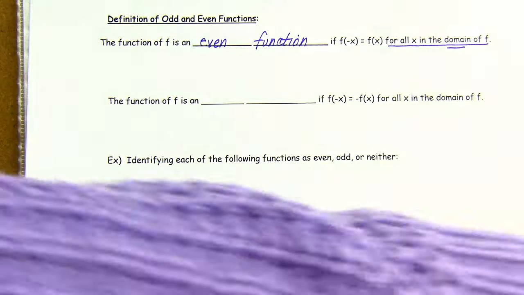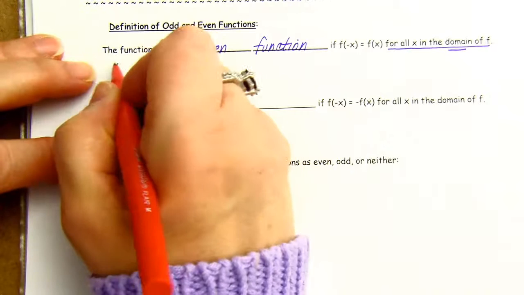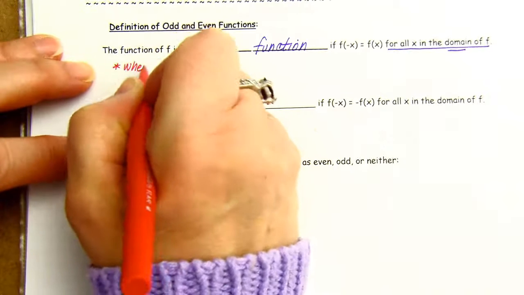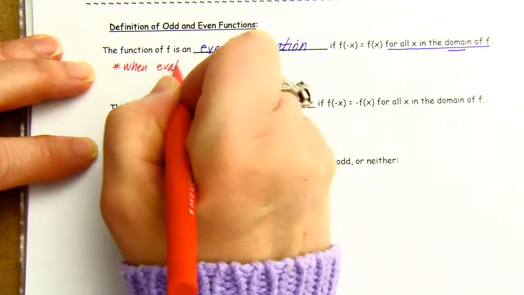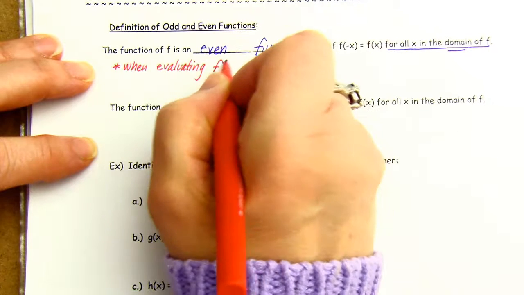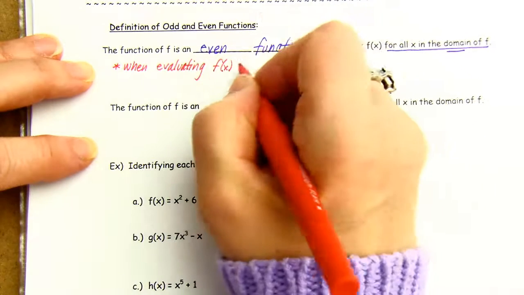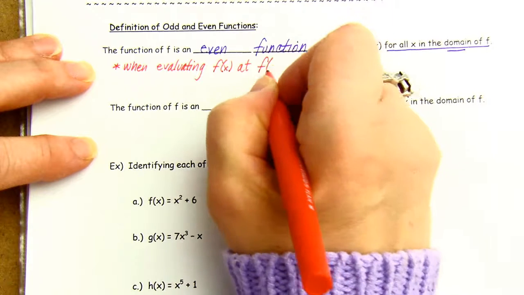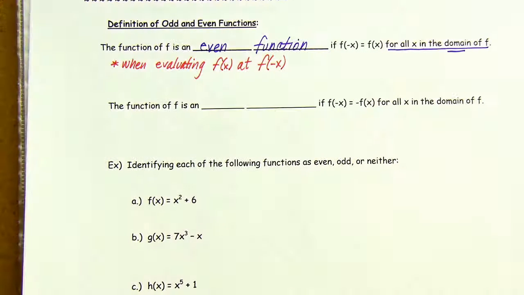All right, so what do we do when evaluating f of x at f of the opposite of x? We did that, okay? Remember you had to evaluate f of 2, f of x minus 1, and then f of the opposite of x.